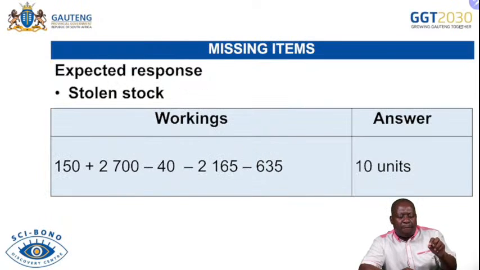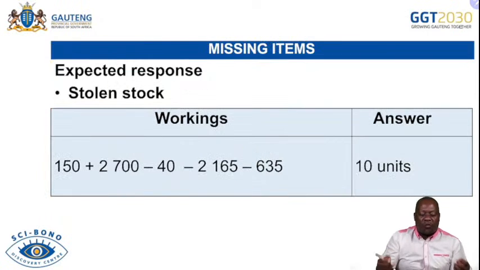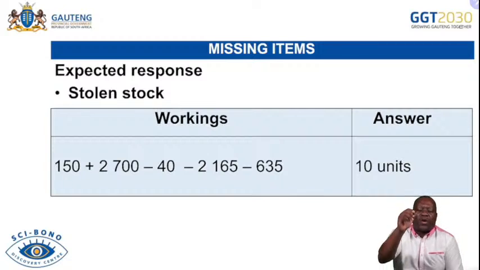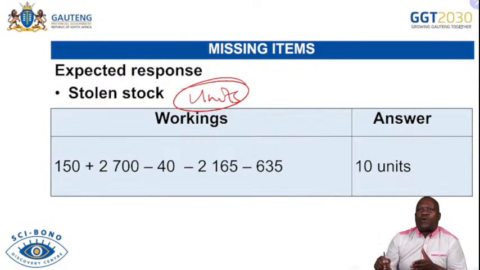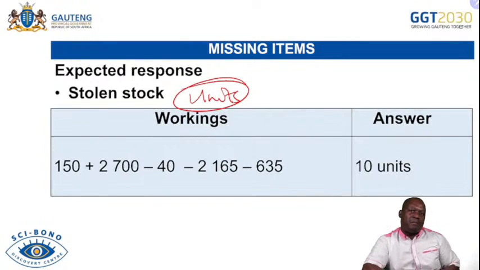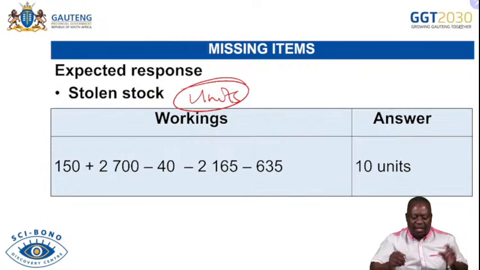We are more interested in the number of units, because when we talk of units stolen, let's concentrate on the units. If you still remember that formula for calculating weighted average, the bottom part, the denominator, concentrates on units, not on the values. So that's where we are.